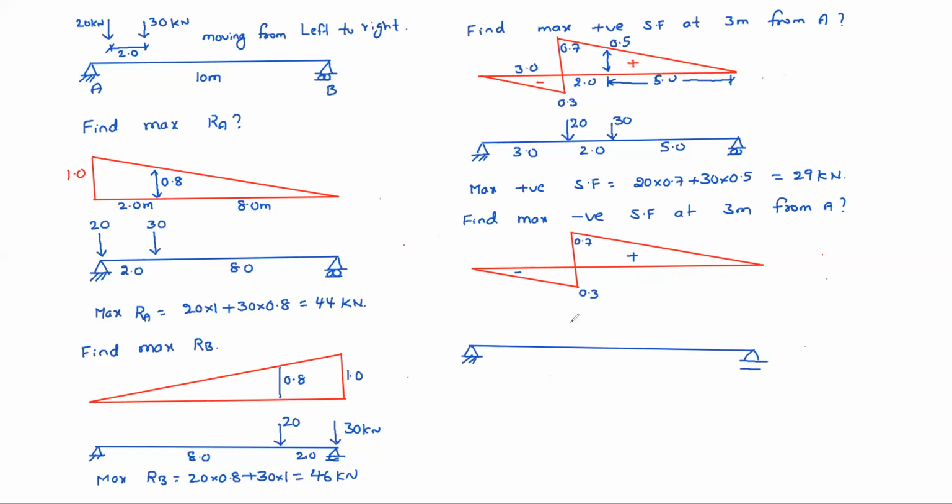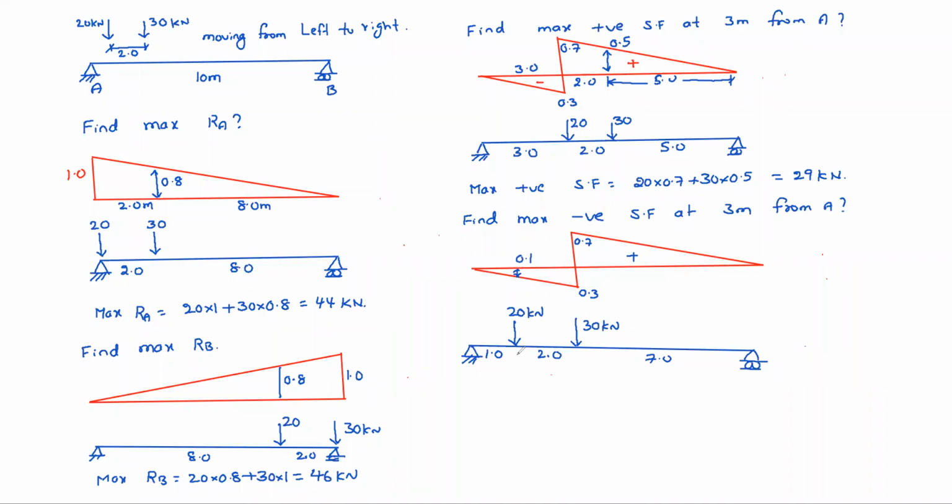To get maximum negative, one we need to keep here and another is we need to keep here. 30 kilonewtons right side, 20 kilonewtons left side, 1 meter, 2 meter, this is 7 meter. So at 1 meter here, the ordinate is here 0.1 because at 3 meters 0.3 means at 1 meter 0.1.